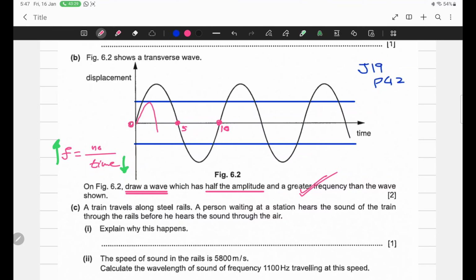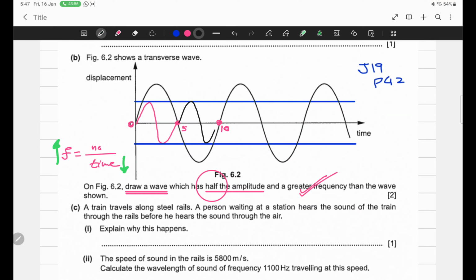Look at this wave. The amplitude of the wave is half, and greater frequency means less time. You can see this wave takes just 5 seconds to complete one cycle. Now I am drawing another cycle.